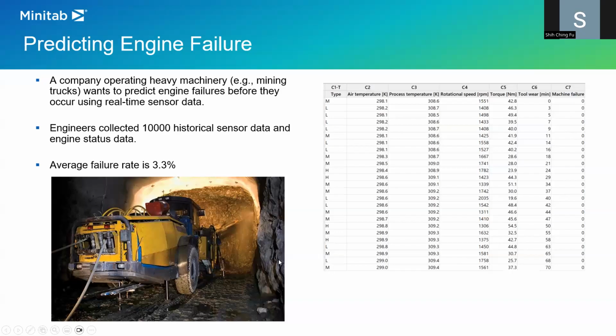You see there's not much chance that an engine will fail, not fail every day, right? So the average failure rate over the 10,000 historical sensor records is only 3.3%.